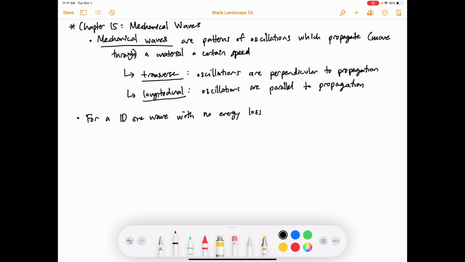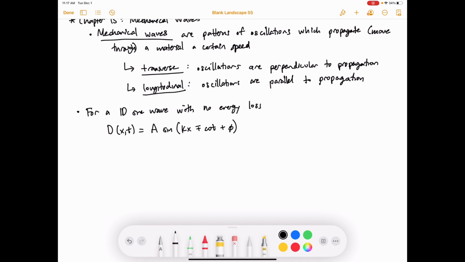Okay, so there's no energy loss as the wave moves through the material. So the general form is d of x and t equals A sin(kx minus or plus omega t plus phi). Okay, that is the general form of a one-dimensional sine wave.